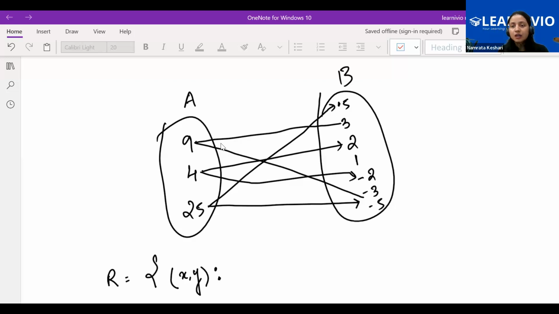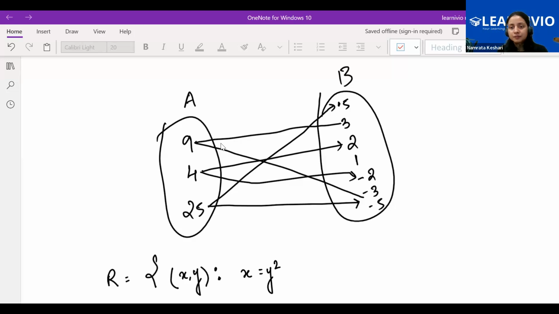Yes, Alina, Ali, Nofal. Can you define this relation? Yeah, the square of x is the square of y.